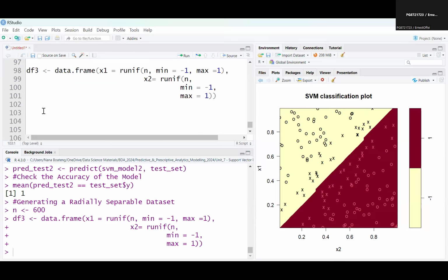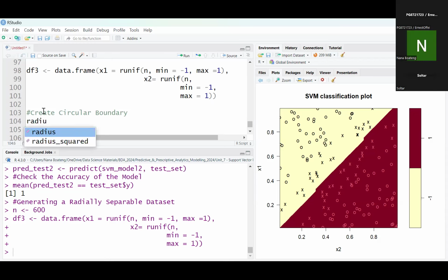So let's create our circular boundary. Let's specify our radius, and then let's specify our squared radius.